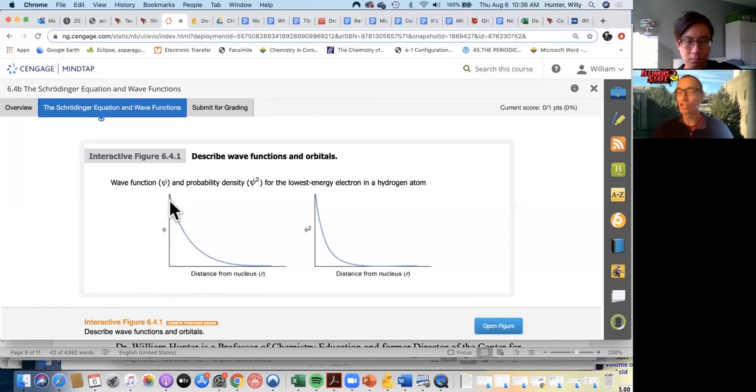That doesn't show very well in all of these graphs, but the vertical axis and the distance from the nucleus line never meet. So we never get down to the electron being present right at the nucleus. It's always some distance away.